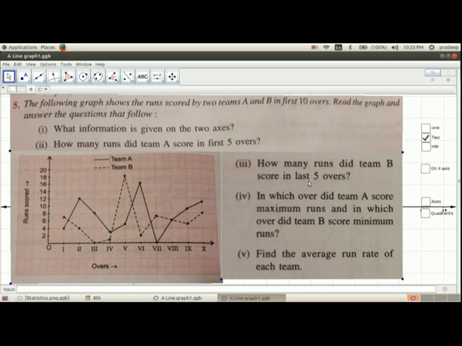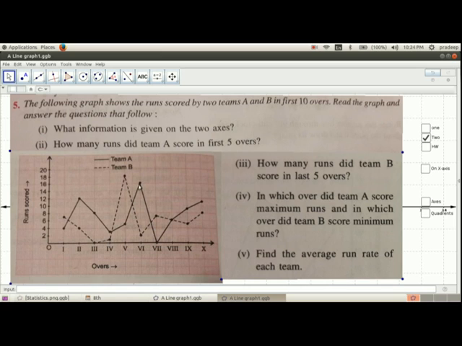Then how many runs did team B score in the last 5 overs? In the same way we have to add the runs taken by team B in the overs from 6 to 10. Find the sum of all the runs taken by team B from over number 6 to 10. Then in which over did team A score maximum runs and in which over did team B score minimum runs?